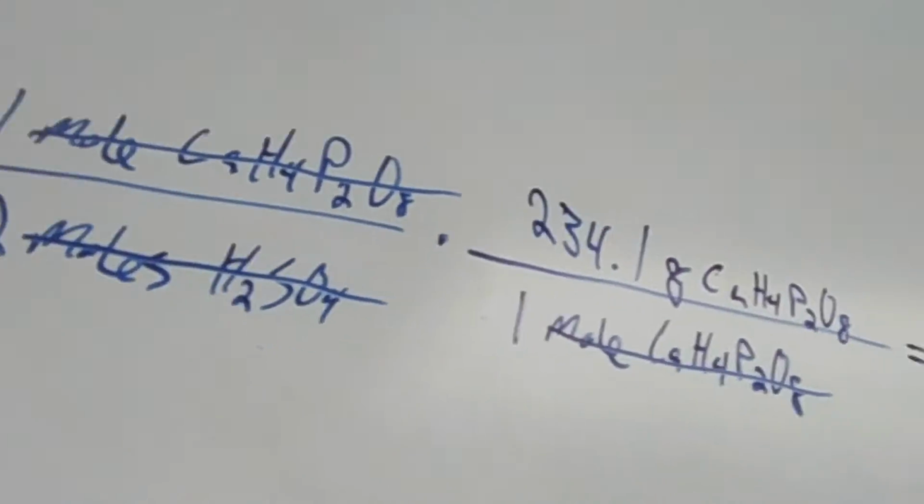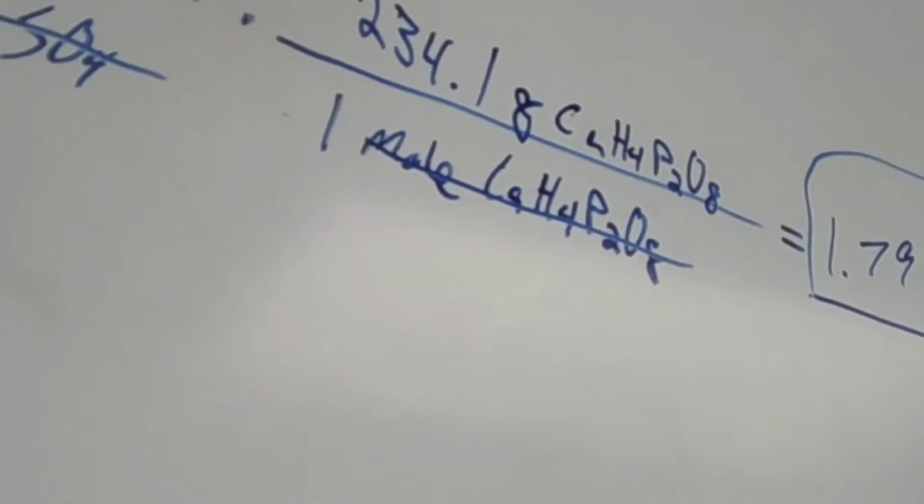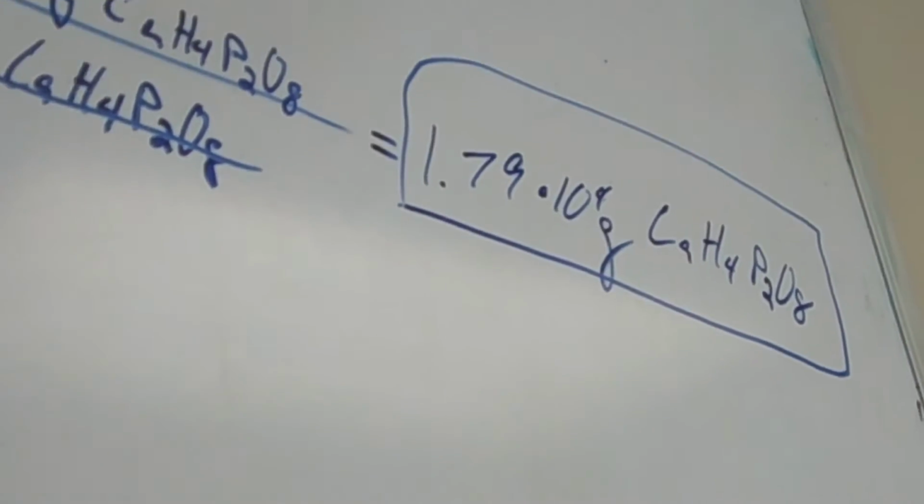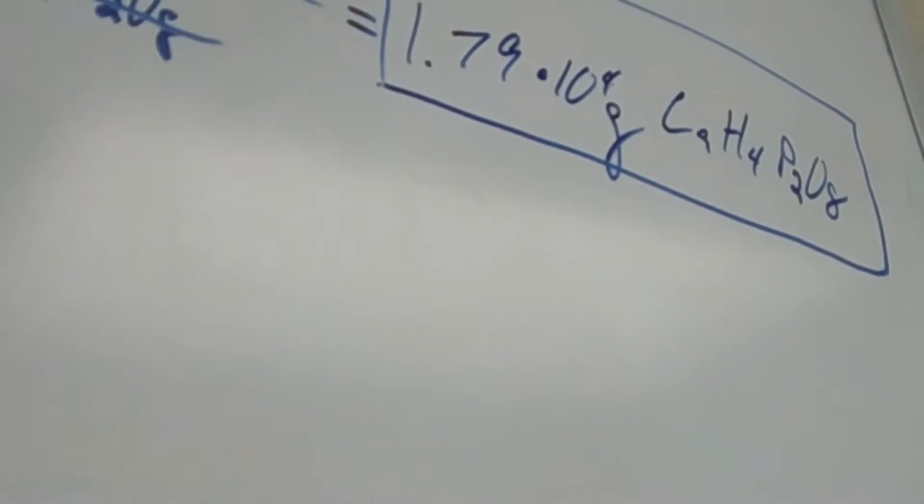Then you want grams of the fertilizer, it's not the reactant, so you just use the molar mass of the fertilizer to convert it to grams, and you end up with 1.79 times 10 to the 4th grams of fertilizer, which is also what I got. So hooray.